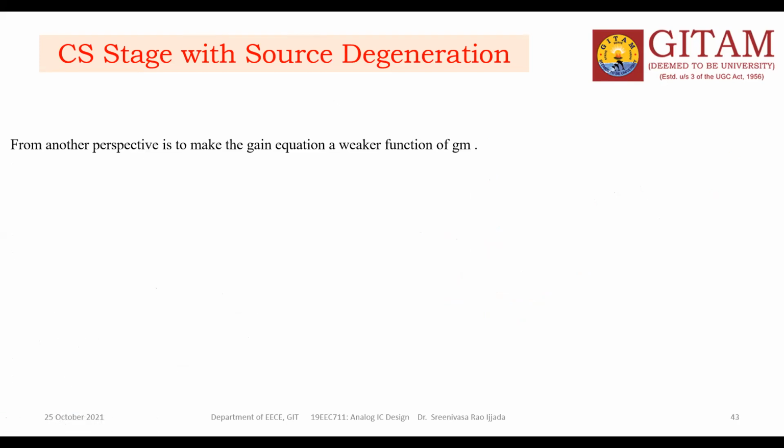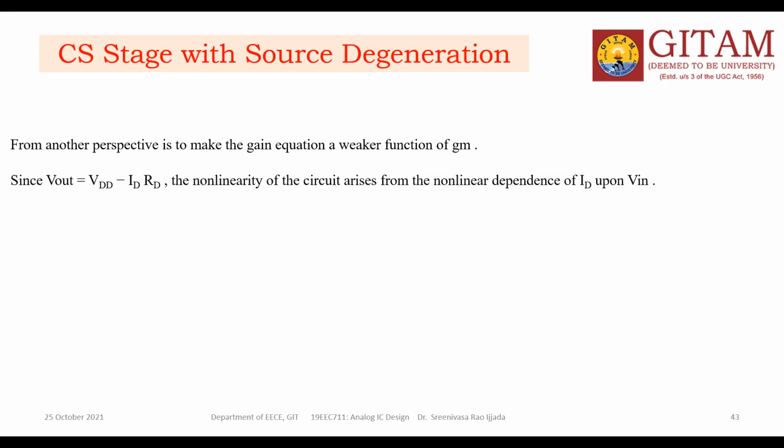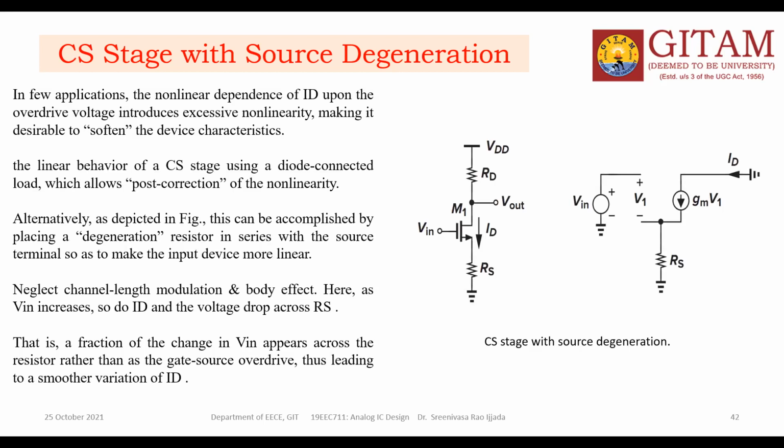From another perspective, it makes the gain a weaker function of gm. So how? From this equation, already you can see this circuit. What is Vout? Vout is VDD minus this drop.